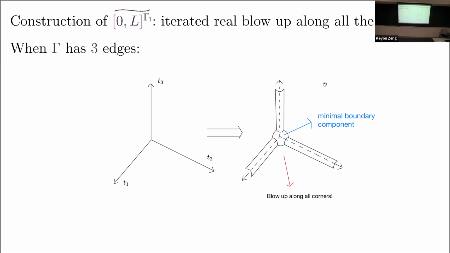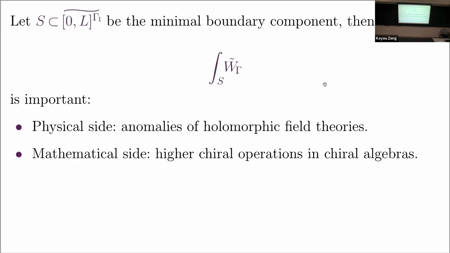Now, we denote this boundary. We call this boundary component the minimal boundary component, because this is more interesting for physicists and mathematicians, I believe. Okay, so let S be the minimal boundary component. Then we can consider the integral of our Feynman graph integrand over S, over the minimal boundary component.